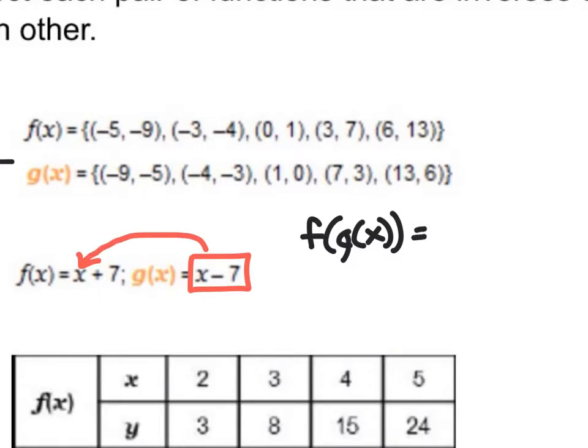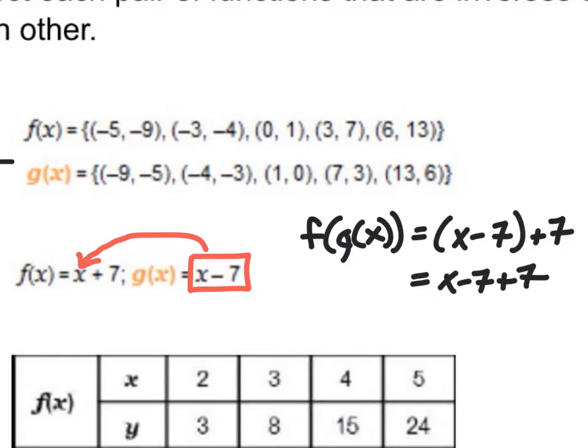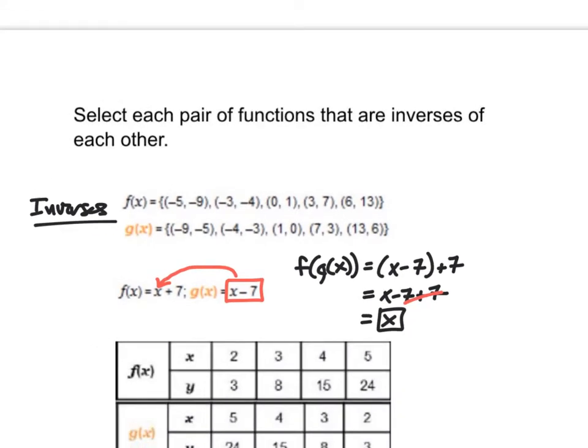Then I get the quantity x minus 7 and then plus 7. These cancel out and add to 0. So therefore, I just get the value of x. And remember from the last page that if you do a composite function on two functions and they're inverses, you will always get x. So I know that these are inverses.